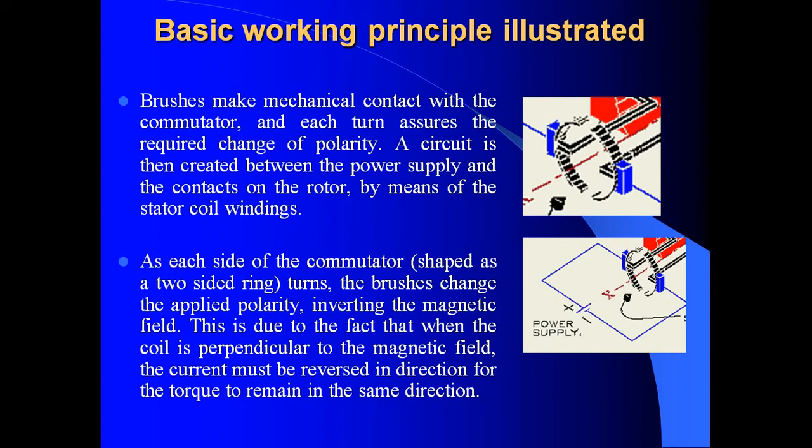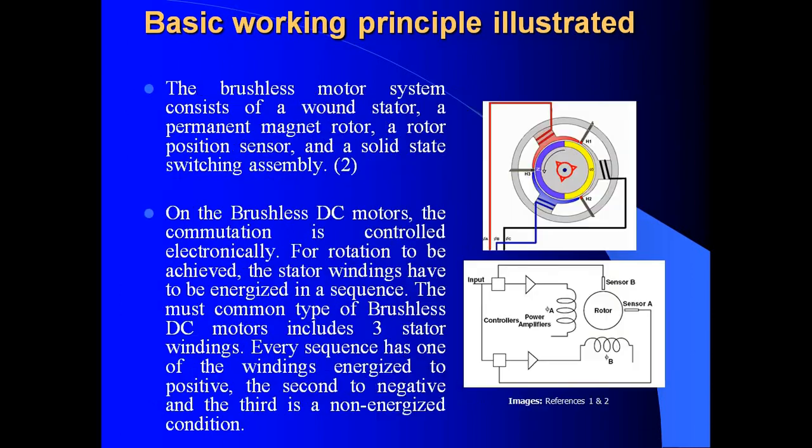At each side of the commutator, shaped as two-sided rings, the brushes change the applied polarity, inverting the magnetic field. This is due to the fact that when the coil is perpendicular to the field, the current must be reversed in direction for torque to remain in the same direction.